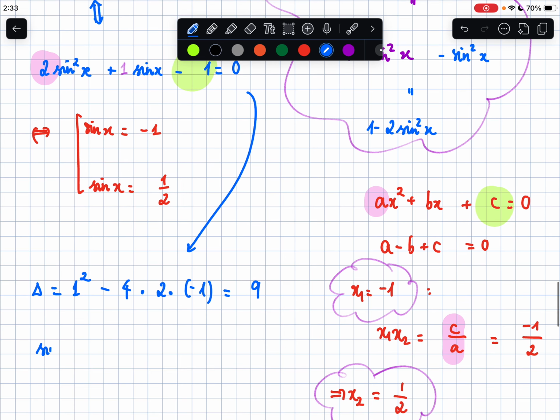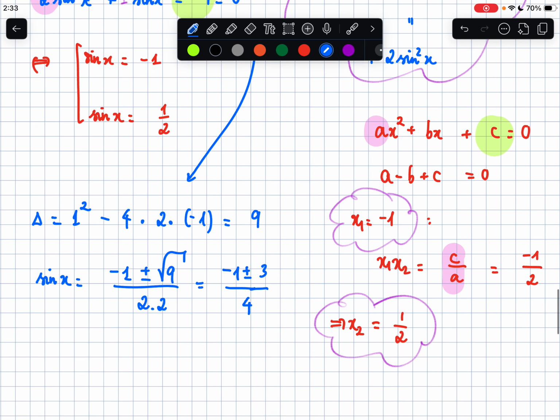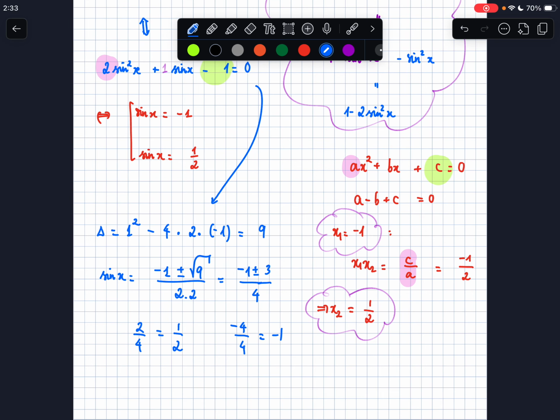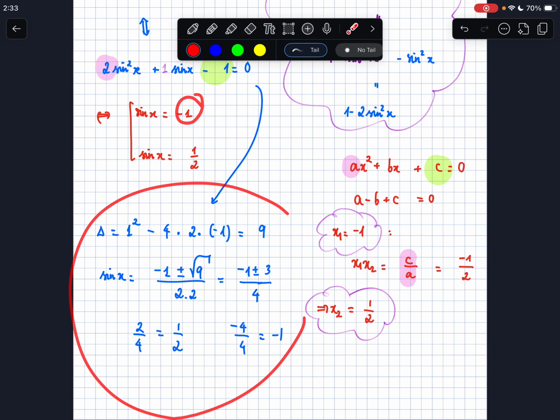The roots for sine of x are minus b, minus 1, plus or minus square root of 9, divided by 2a, so 2 times 2. Minus 1 plus or minus 3 divided by 4. Minus 1 plus 3, so plus 2 over 4, which is 1/2, and minus 4 over 4, which is minus 1. So you do either way, you will have minus 1 and 1/2.